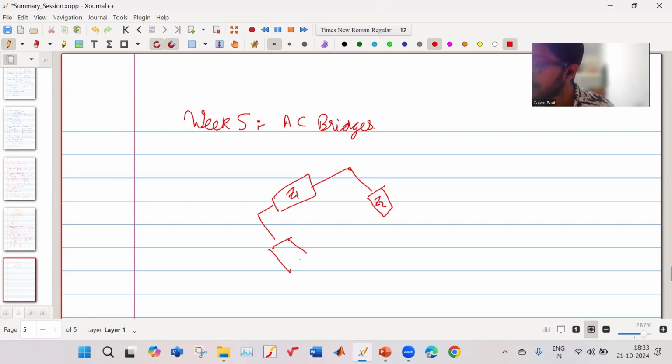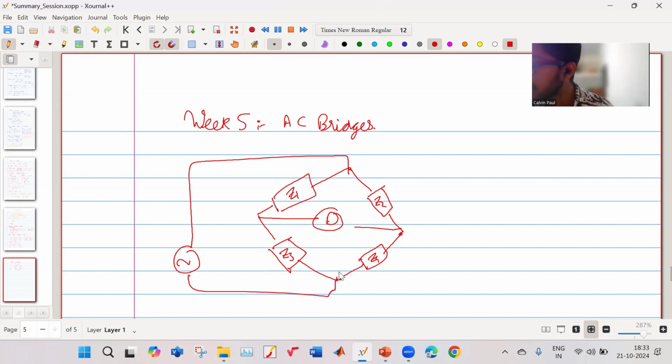So let us say there is a bridge of impedances out there. One way to remember it is the opposite ends multiplied. So that will be Z1 into Z4 should be equal to Z2 into Z3 under a balanced condition.